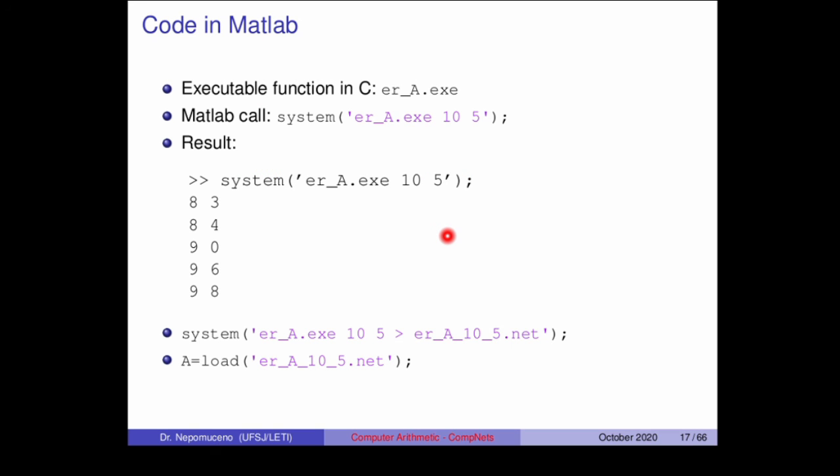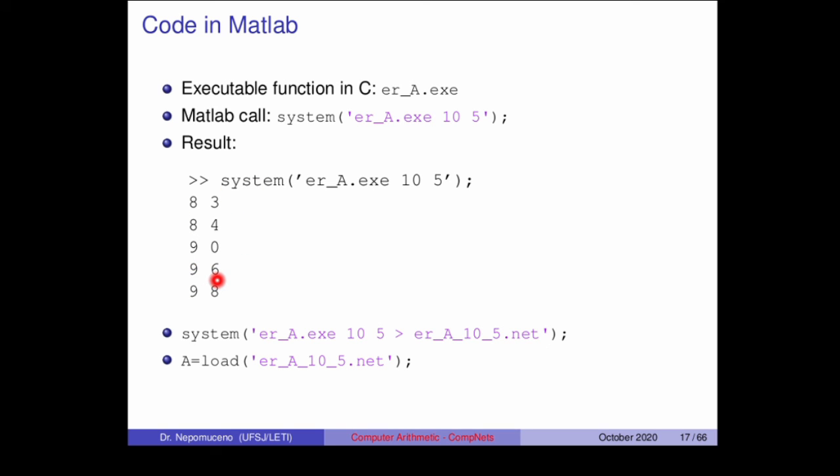For those more familiar with MATLAB, you can also execute the C function using the system command. Here you use system like that, and it returns a vector as a result.